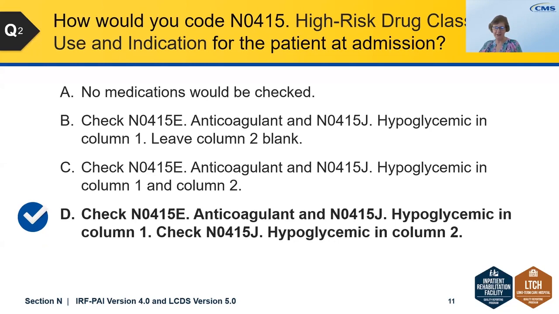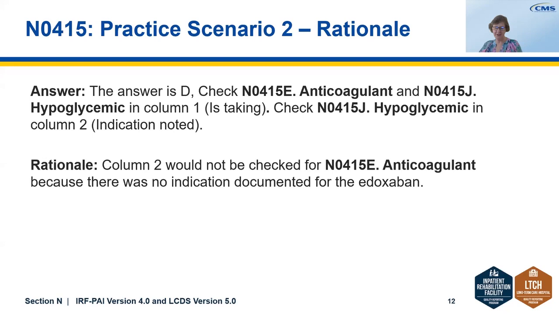You would check N0415E, anticoagulant, and N0415J, hypoglycemic in column 1, and then check N0415J, hypoglycemic in column 2. The rationale is that the column 2 would not be checked for N0415E anticoagulant because there's no indication documented for the edoxaban.